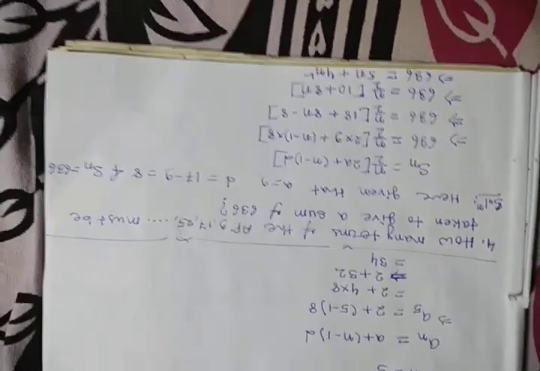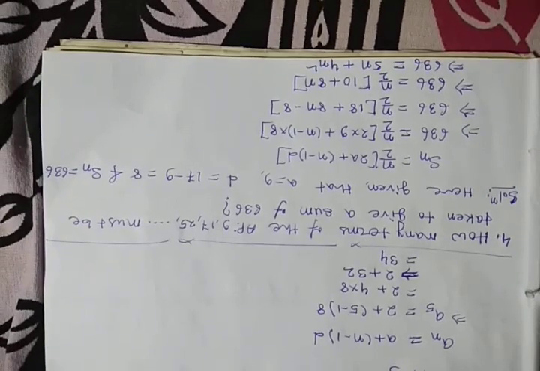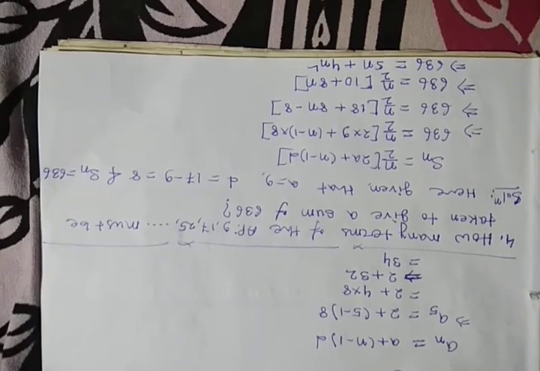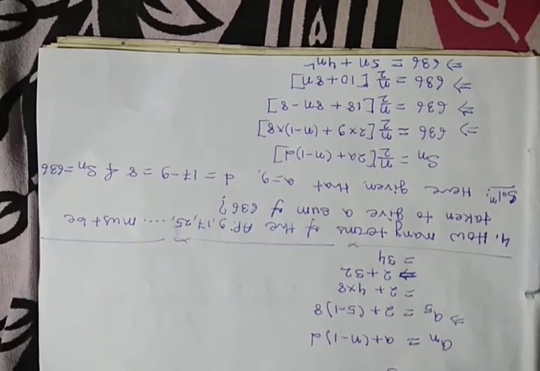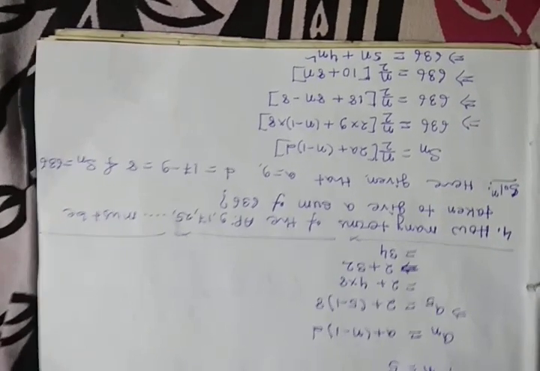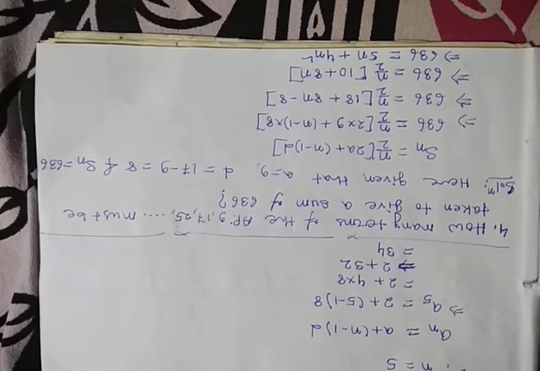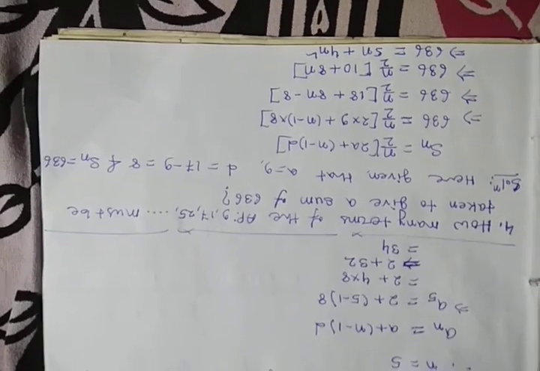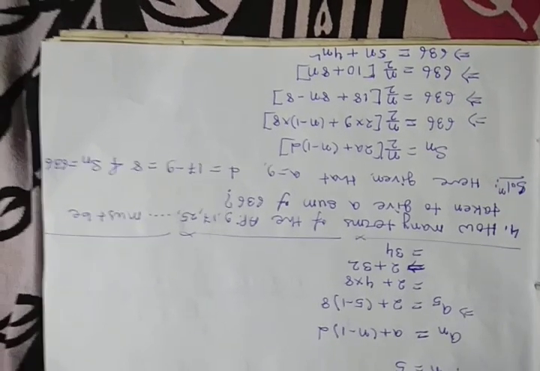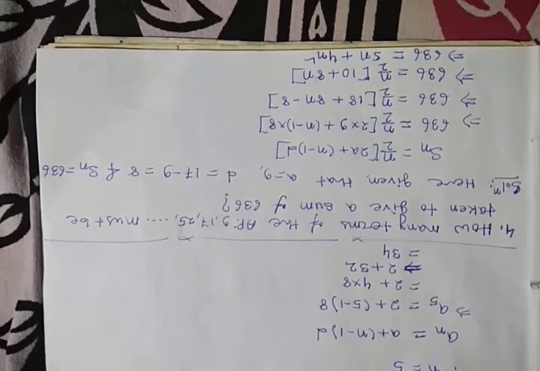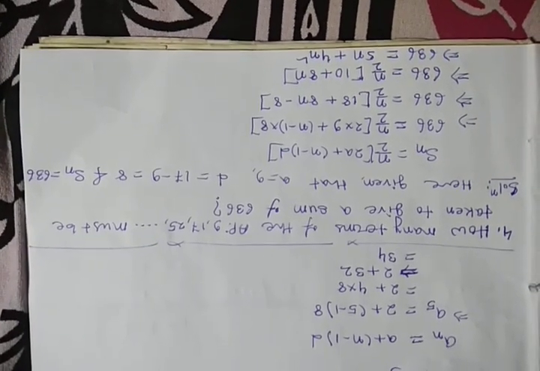That means we need to find the number of terms, up to which term, first, second, third, fourth, fifth, if we take the sum, we will get 636. That is the given sum, but how many terms we have to take, we need to find. So suppose we take the nth term, because we don't know the terms, so we will take in general n terms.